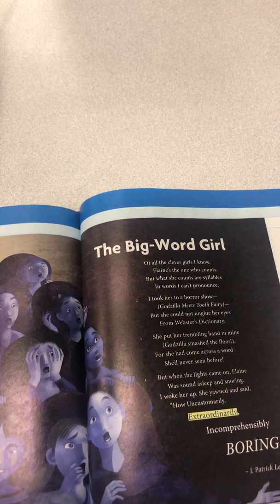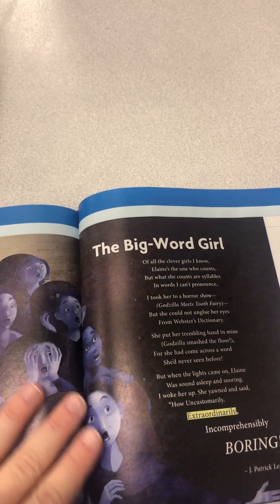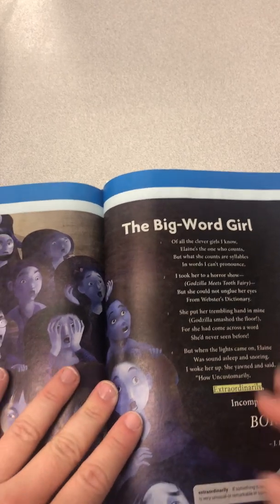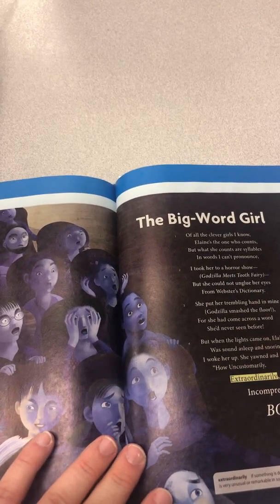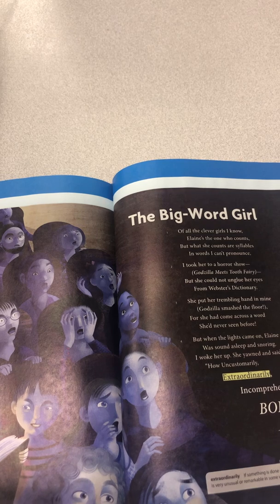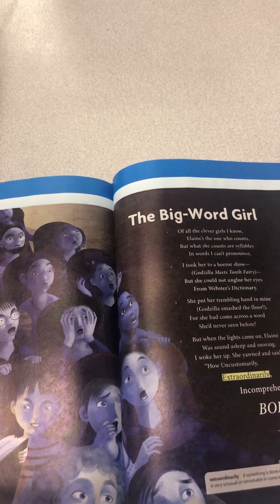We're going to look at the illustration and reread the poem to identify an allusion. So here's our question. Which famous movie character is referred to in the poem? And what does the allusion help you to understand? So looking at just the illustration first. All right, now let's go to the poem.